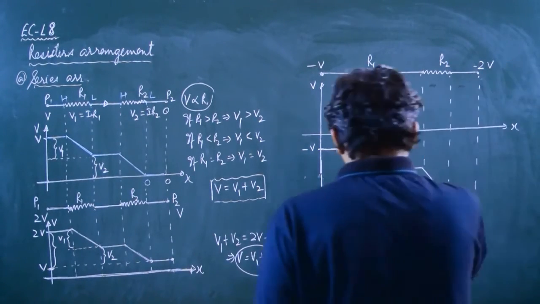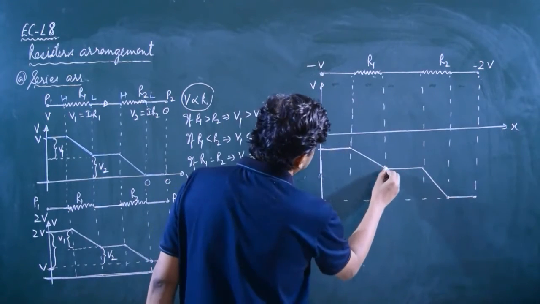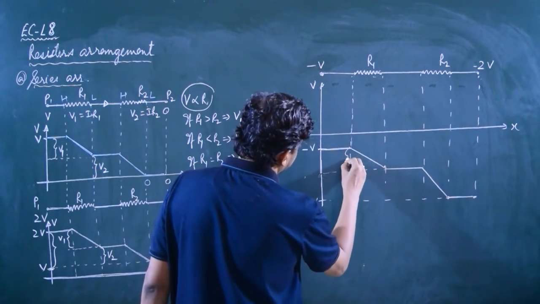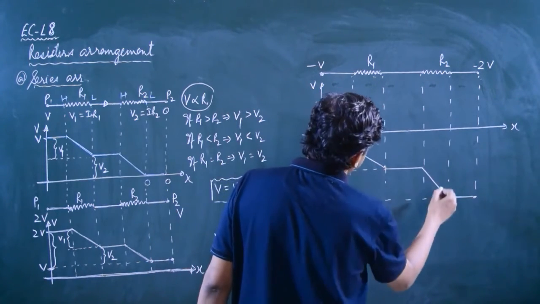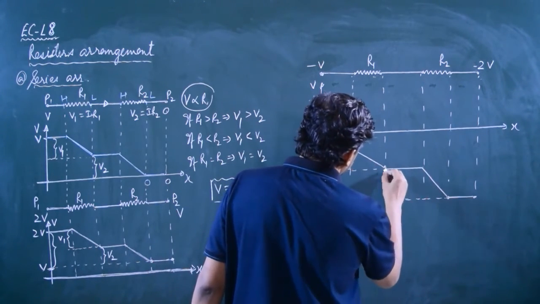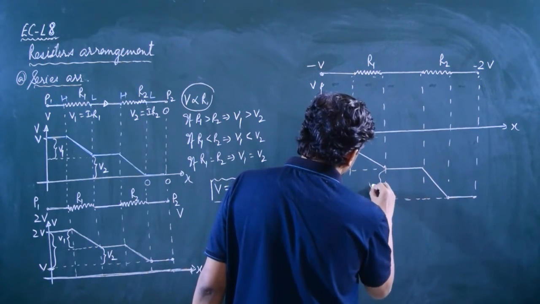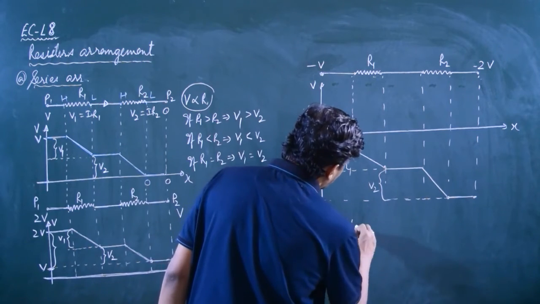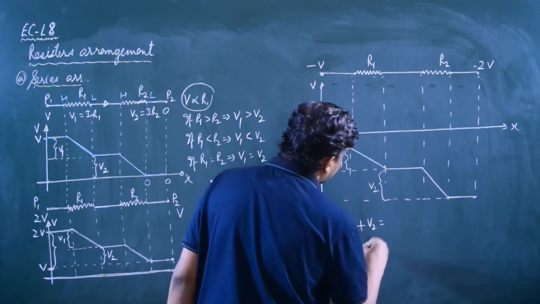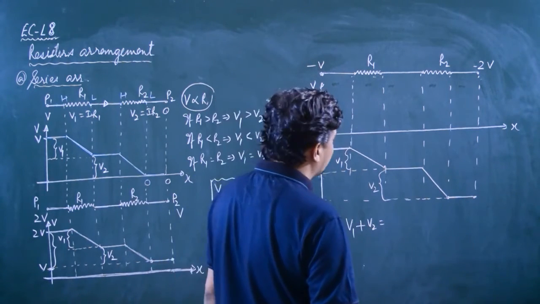Now again see, across this resistor the potential drop is V1, and across the second resistor the potential drop is V2. Now the total potential drop is V1 plus V2, which must be equal to the supplied potential.